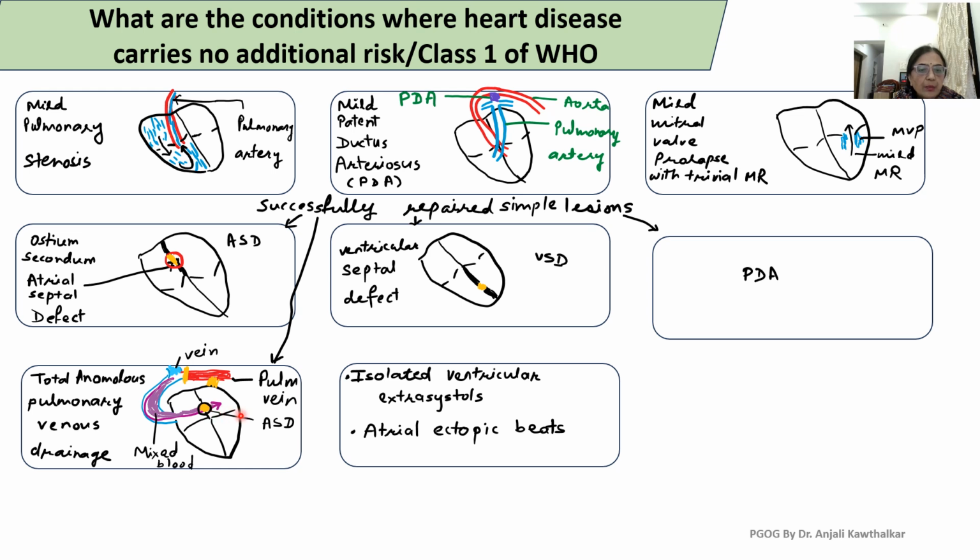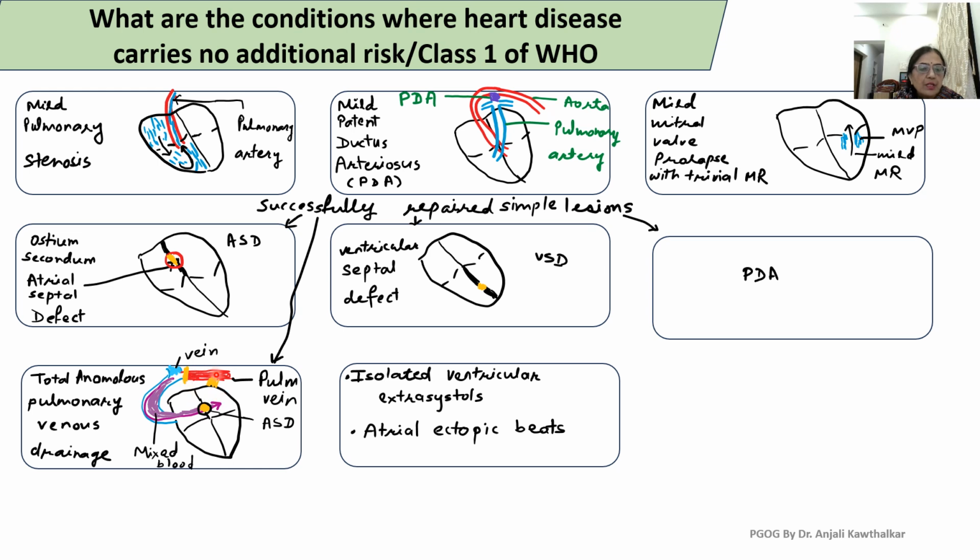Fourth is repaired total anomalous pulmonary venous drainage, called TAPVD. What is happening here is that the pulmonary vein, which normally should drain into the left atrium, fails to drain there.